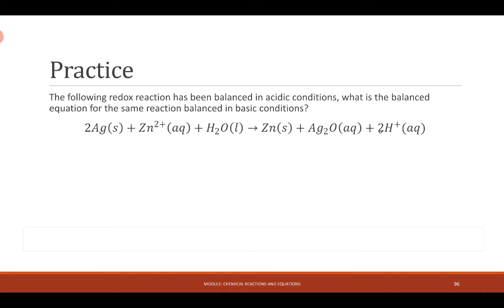All right, so if we're going to convert this into basic, I see the 2 H plus ions over there, so I'm going to need to add enough base to cancel that out, and so that's going to end up with 2 OH minuses on the other side as well. If you do something to one side, you got to do it to the other side so that it stays balanced. It's just like in algebra, only with chemical equations.